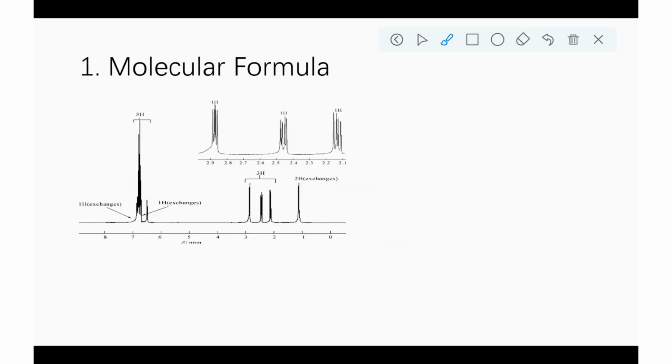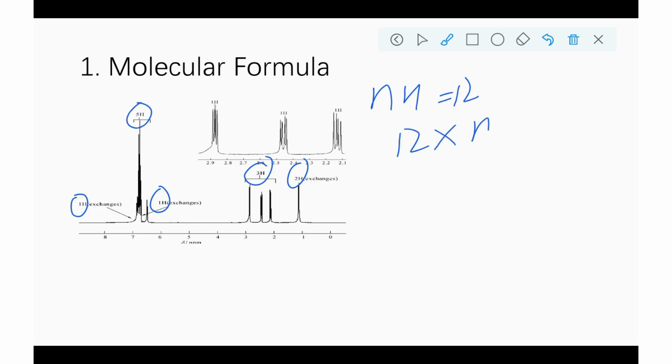And from the HNMR spectroscopy, we can add up all the numbers of hydrogen, which is 5 plus 1 plus 1 plus 3 plus 2. So the number of our hydrogen is 12, or it can be 12 multiplied by a positive integer.